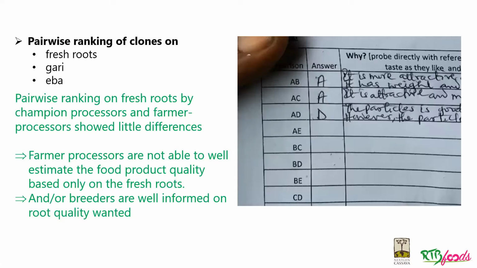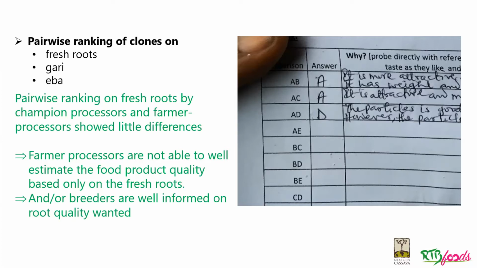Here you see how that goes. We did the pairwise ranking of clones on the fresh roots, the Gari and the Eba. Pairwise ranking of fresh roots by champion processors and farmer processors showed little differences. So on the roots, people could not really discern which one was best for Gari or Eba.